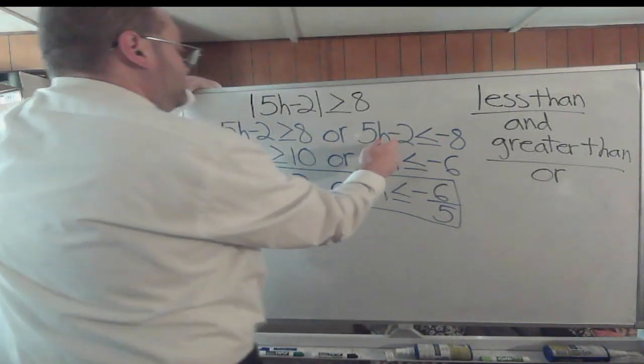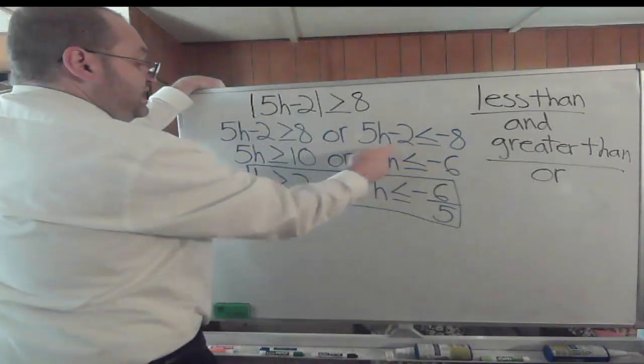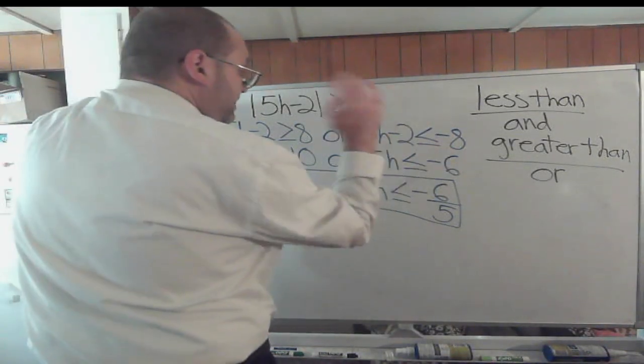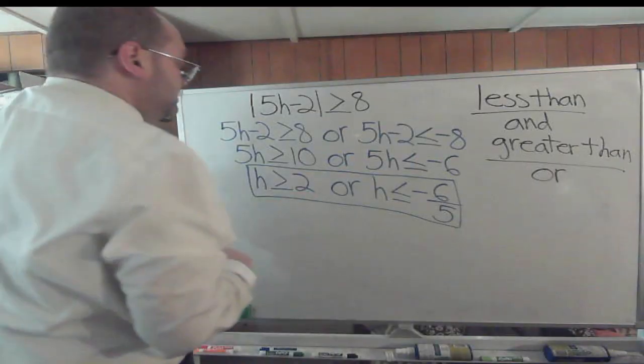You'll take what's inside the absolute value, flip the sign to greater than or equal to the negative of what's on the right-hand side.